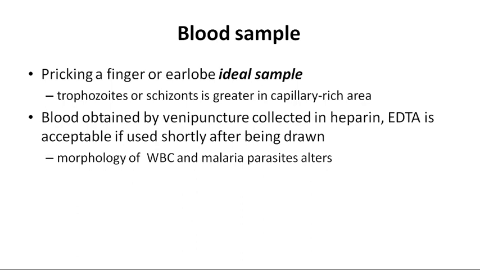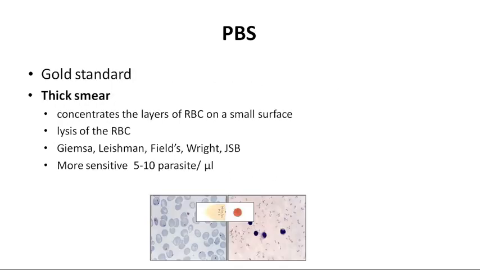Blood obtained by venipuncture, collected in heparin or EDTA, is acceptable but an inferior specimen, because morphology of WBC and parasites alters after prolonged storage, which may hinder the diagnosis while you perform a test using microscopic technique.